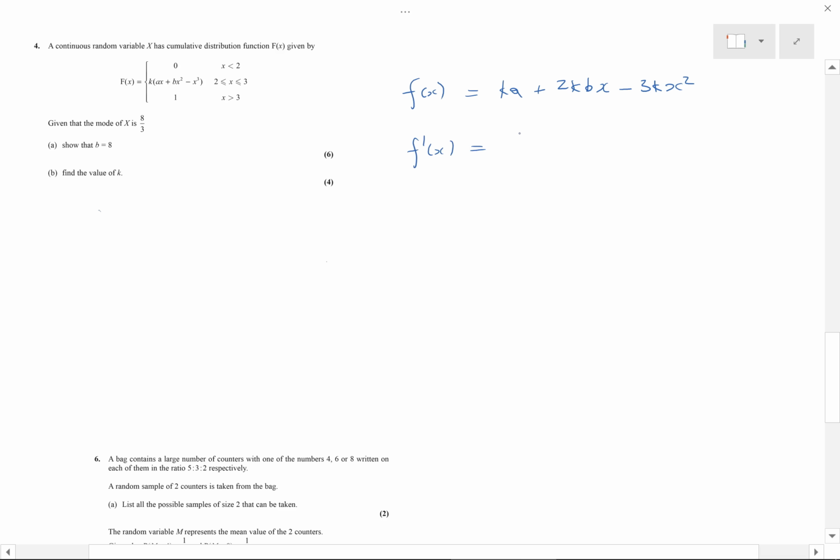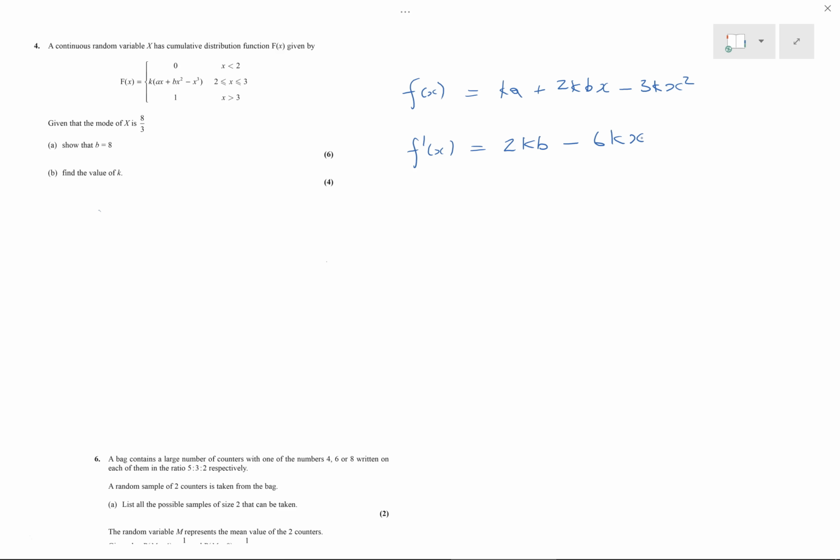The ka bit is going to disappear, and we're going to get 2kb minus 6kx. Okay, and because we know the mode is 8 over 3, we can just equate that to 0 and get our b from this.